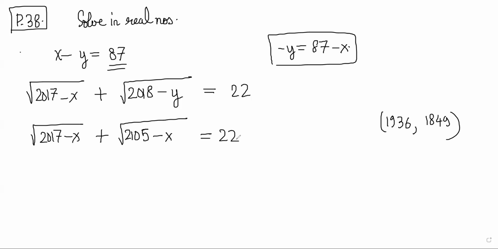So now we can use a square minus b square is equal to a minus b times a plus b. So we can multiply it by the conjugate. Yes, sir. We can multiply it by its conjugate.